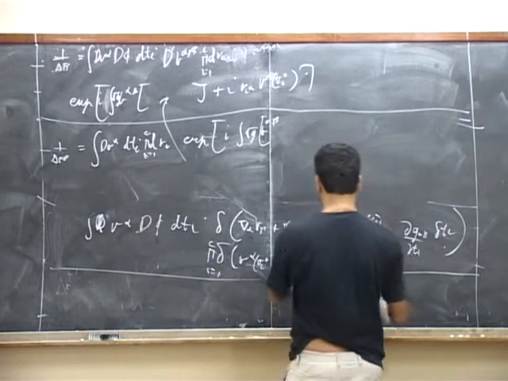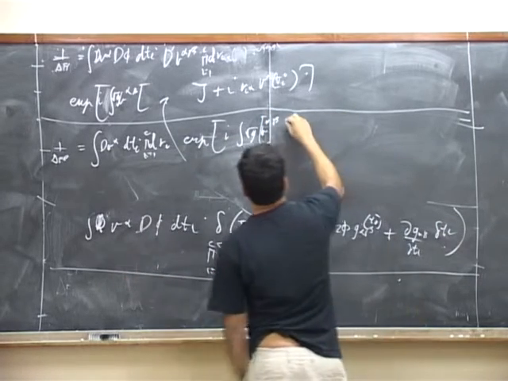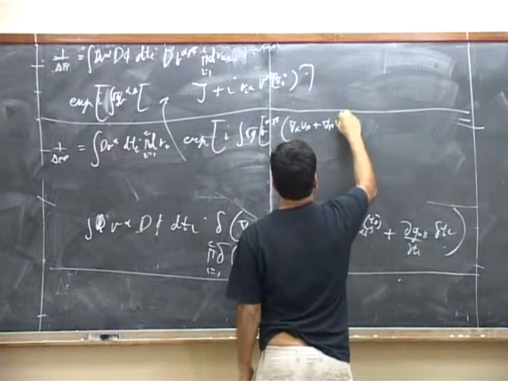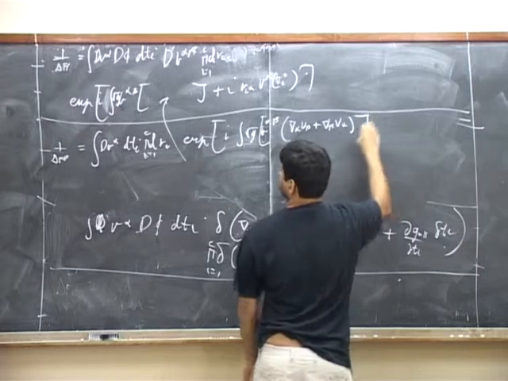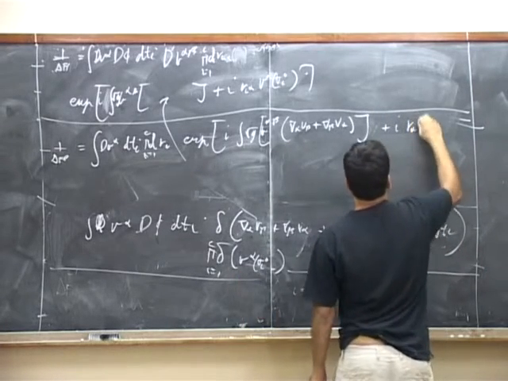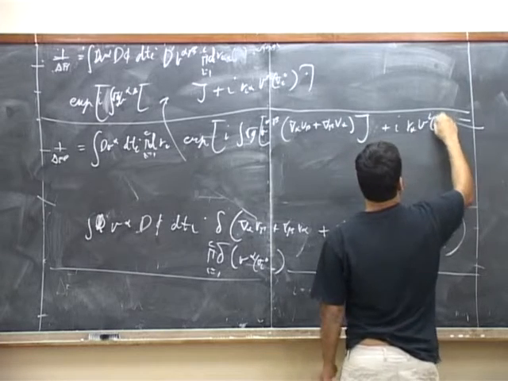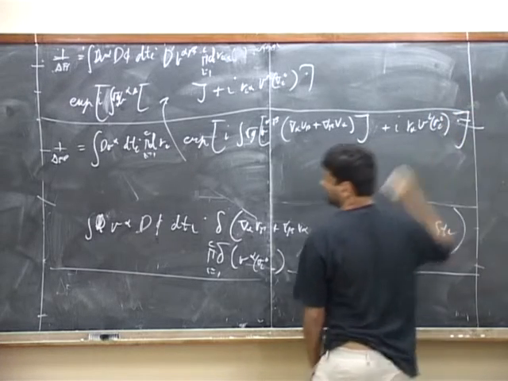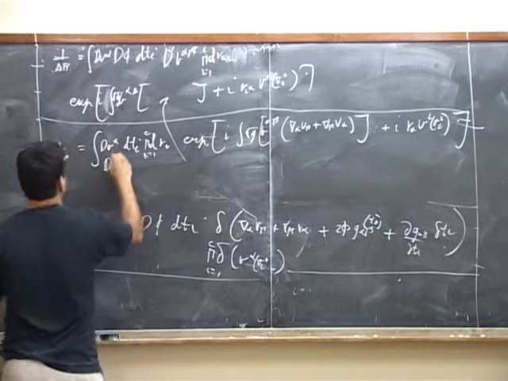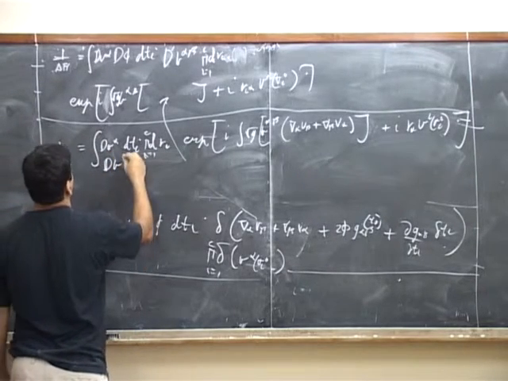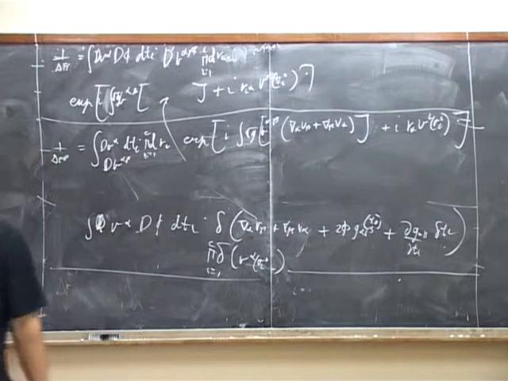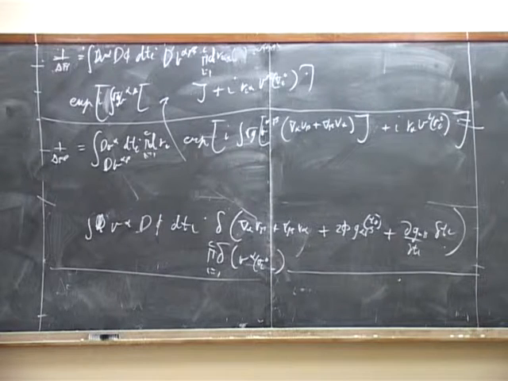Since b is traceless, we don't have to worry about this g alpha beta term, times del alpha b beta plus del beta b alpha, plus i times this term r alpha b i of sigma i naught, and db, where the path integral over b here is now only over traceless b.